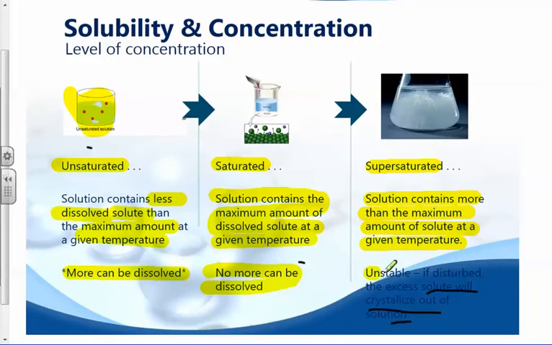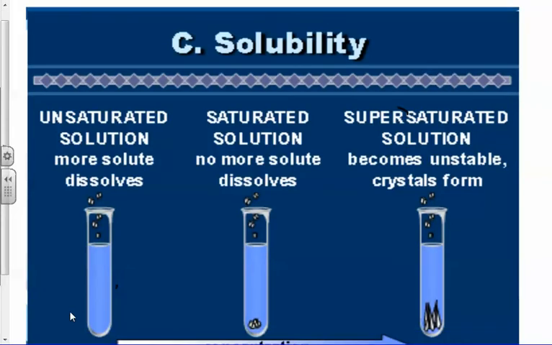And so this would be an unstable solution. This type of solution contains more than the maximum amount of solute at a given temperature, and it will crystallize out of the solution. The sugar will literally just come out of the tea and form large crystals if it is supersaturated. So there's the difference between those 3 different states.